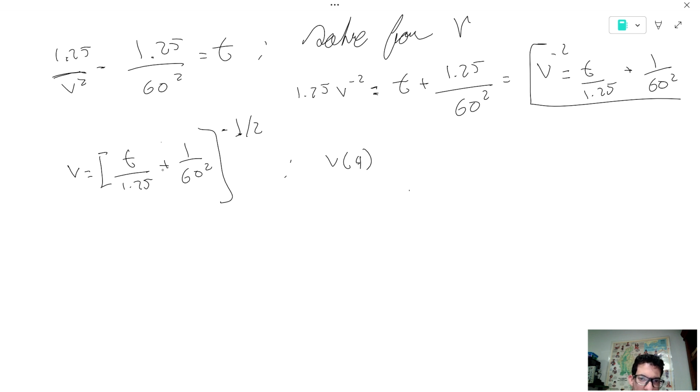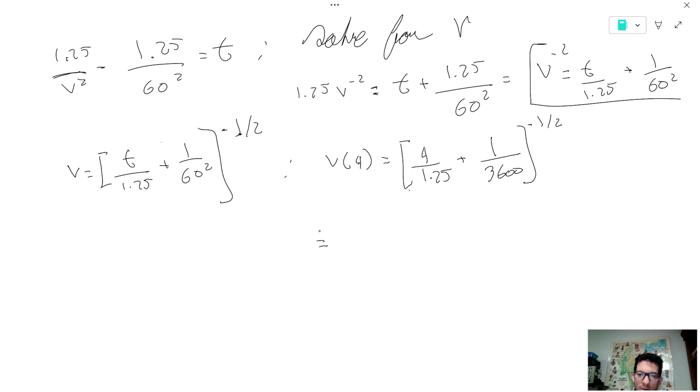Remember, this is a function of time, so we can just put any time that we want. And this is basically 4 divided by 1.25 plus 1 divided by 3600, and this is to the negative 1/2.